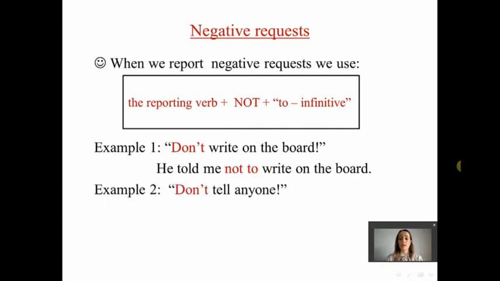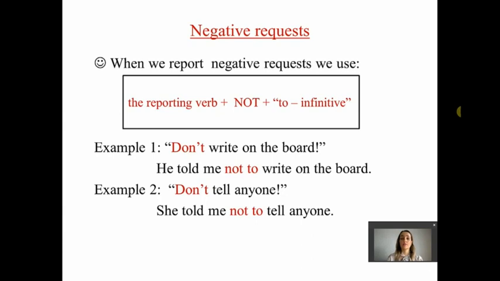The next example. Don't tell anyone. I'll wait for you to try to report this sentence into indirect speech. I'm sure it's easy for you. Yes, good job. She told me not to tell anyone.